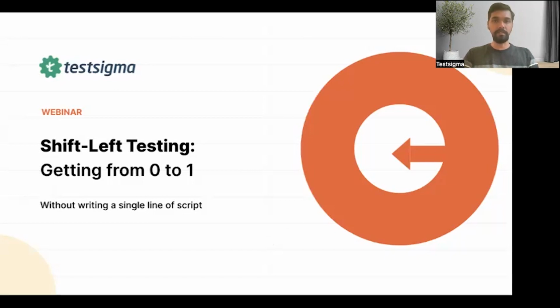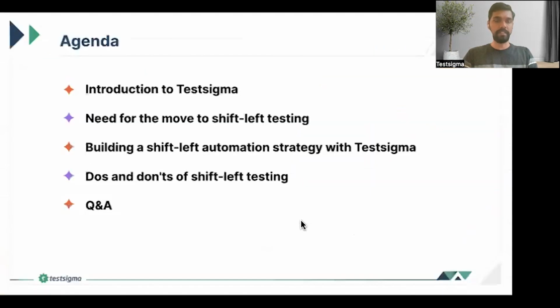With that said, now let's jump right into the session. This webinar is about shift left testing, getting from zero to one using Testsigma, as I mentioned earlier. And the agenda for the day is a little about Testsigma for those of you who do not know what Testsigma is, and the need for the move to shift left testing.